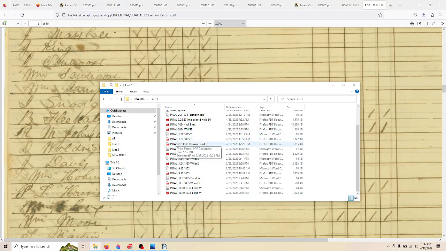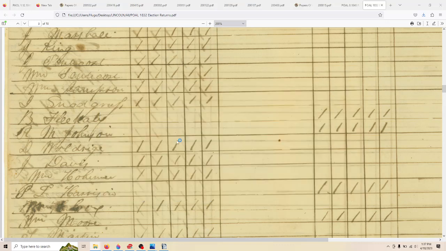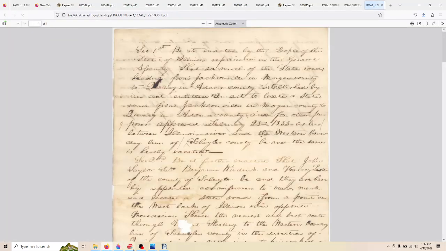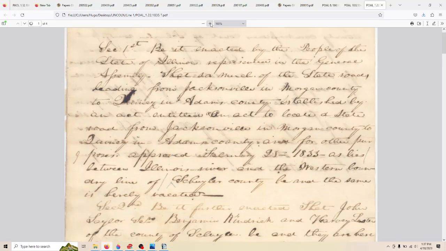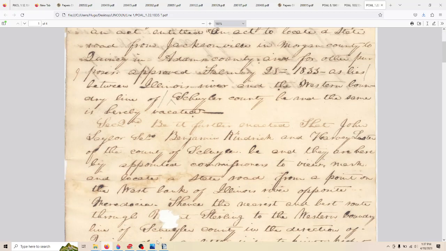let's start at 1835. Right off the bat, we're going to see that this document, that is Abraham Lincoln's document, will have these flourishments right here that we saw at the beginning of this.